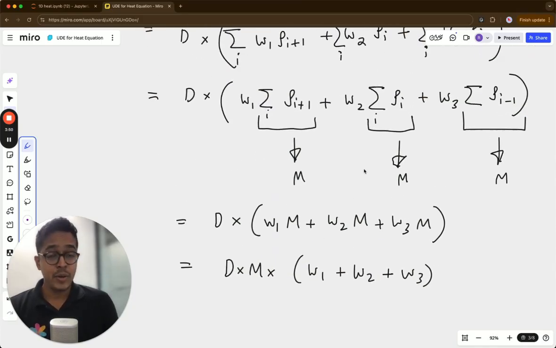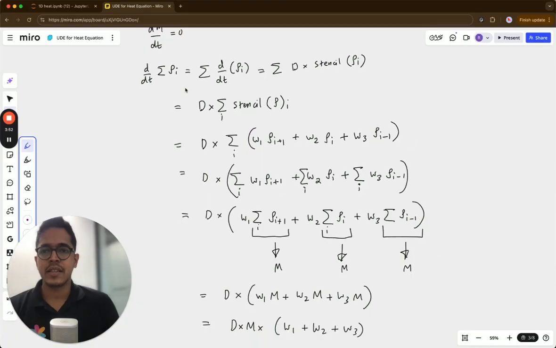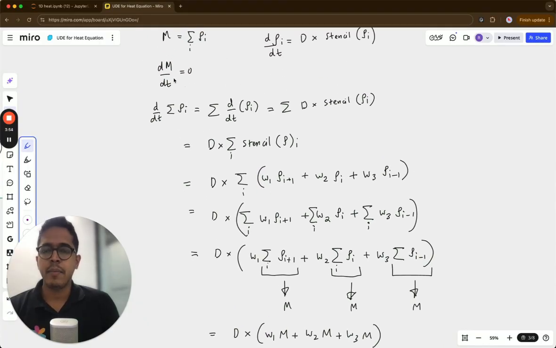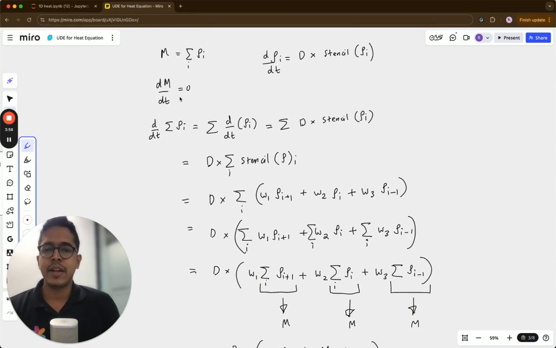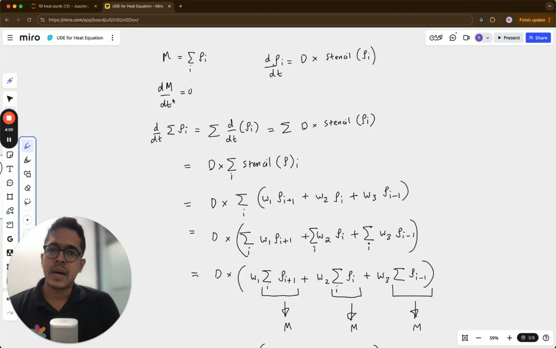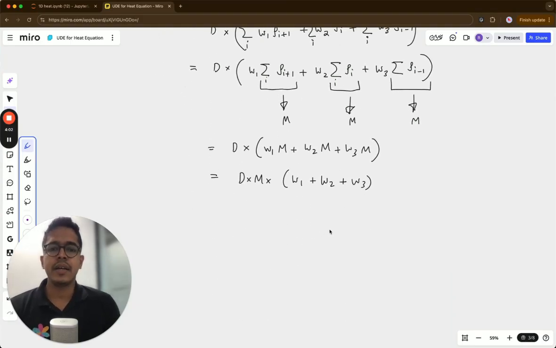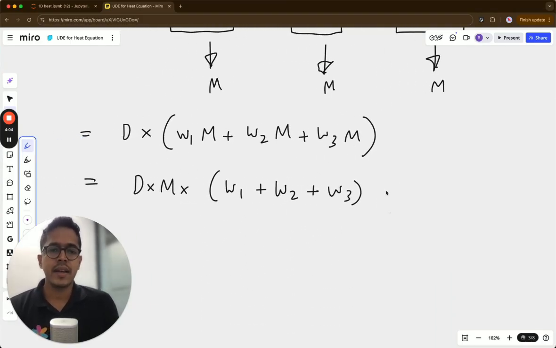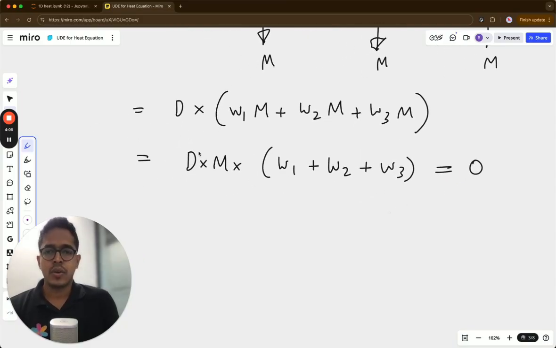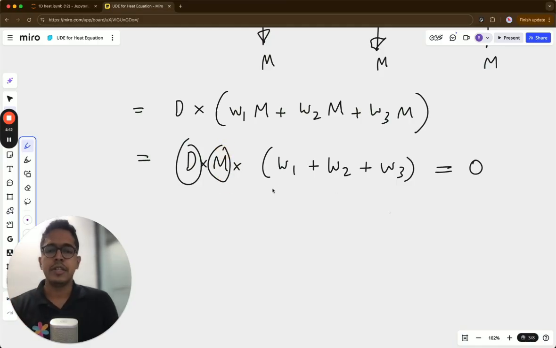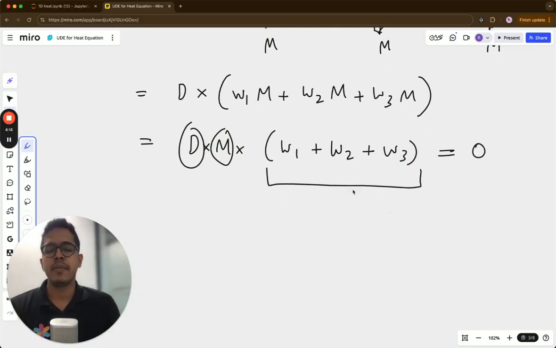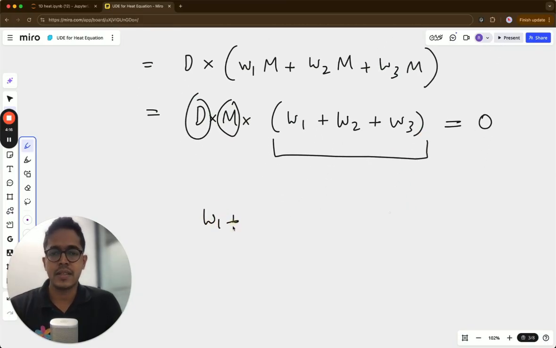But what are we doing? We are doing d by dt of mass here. We are still doing dm by dt because m equal to sigma rho I, and we were doing d by dt of that. And we said that because of mass conservation, d by dt of m is equal to 0. So this guy should be equal to 0. The diffusion, in this case mass diffusion, is not 0. Total mass is also not 0, which means W1 plus W2 plus W3 has to be 0. So what this means is the sum of the values inside this stencil.